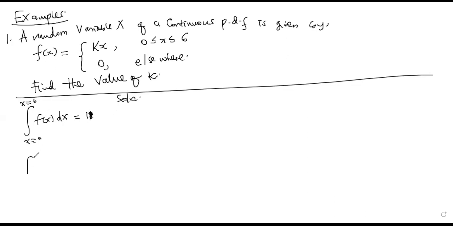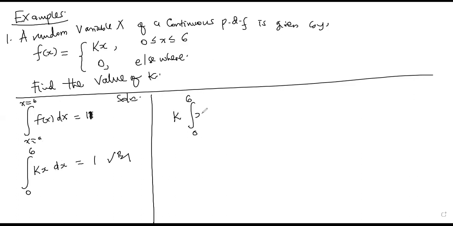So, since we have only one range, from 0 to 6, the function present at that interval is kx, and the integral of kx dx should be equal to 1. You should recall your integration. This is a step awarded. Then you can factorize out a k, so you shall have k times the integral from 0 to 6 of x dx is equal to 1.